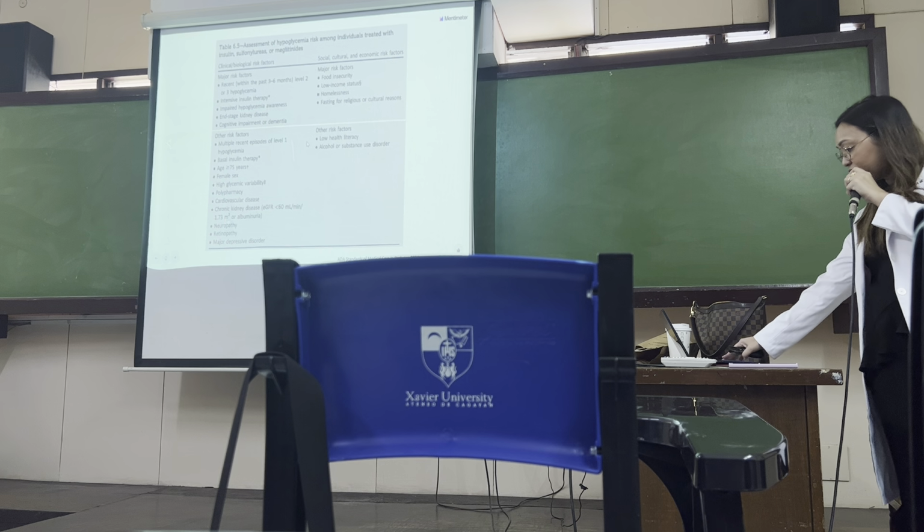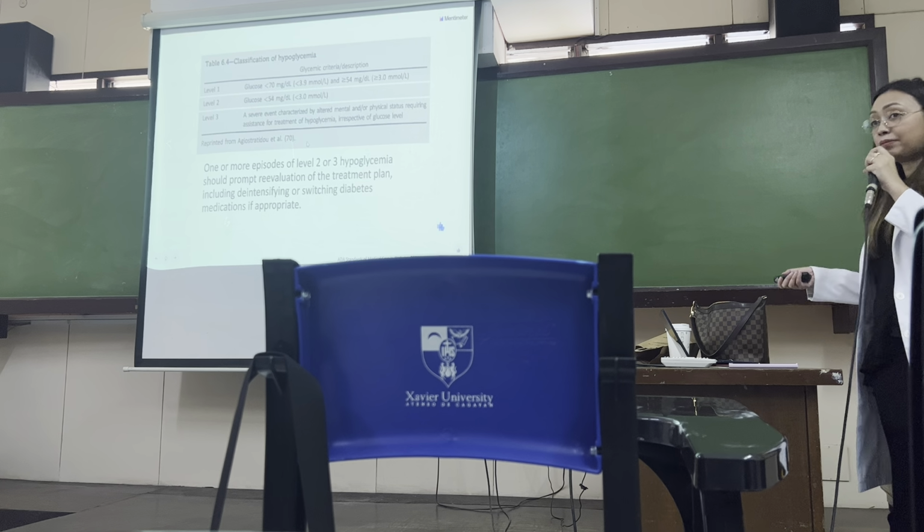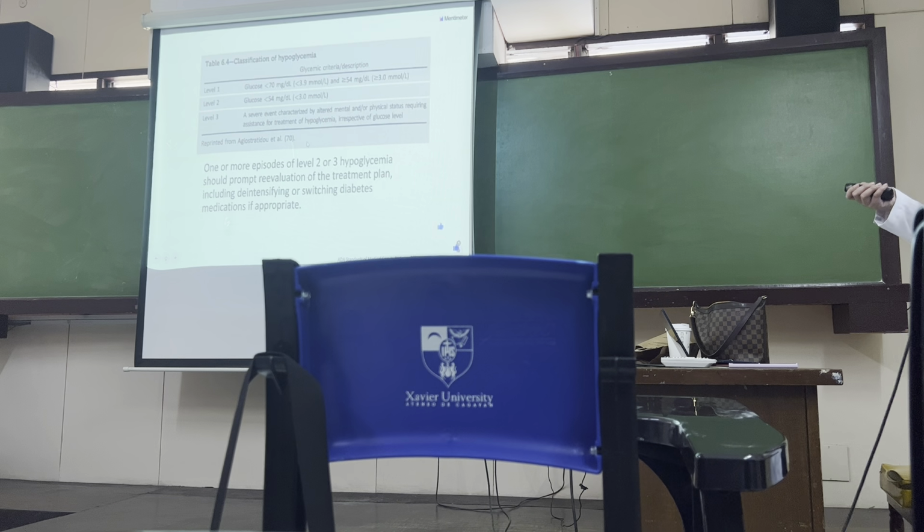What do we mean by level 2 or level 3 hypoglycemia? If your patient had an episode of a glucose test of less than, a CBG test of less than 54 or level 3, meaning a severe event characterized already by altered mental and physical status requiring assistance for treatment of hypoglycemia irrespective of the glucose level. What na nakamata?